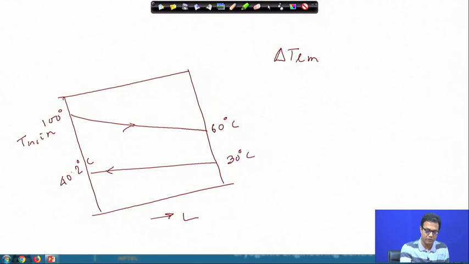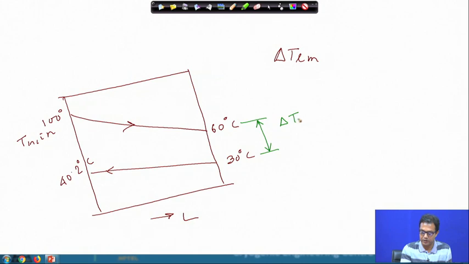So, this is the temperature profile. Now, we will try to find out the delta T Lm.